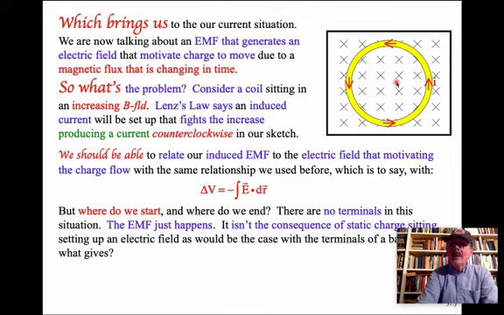Because they're not conservative, you can't define a potential energy function for them, and as a consequence you can't define an electric potential function. Which means this relationship is nonsense in this particular circumstance.